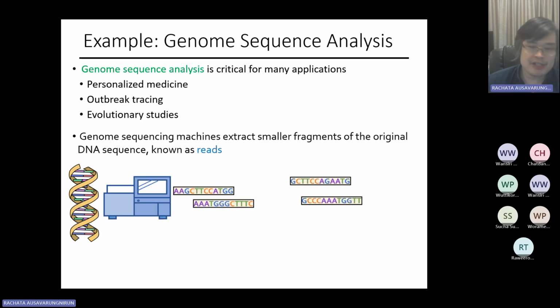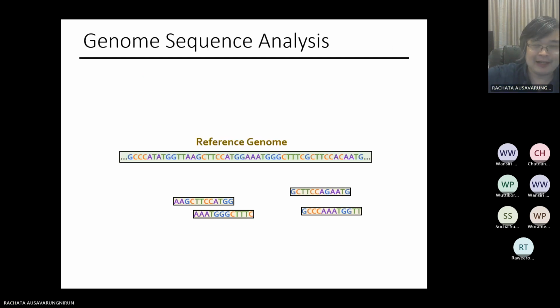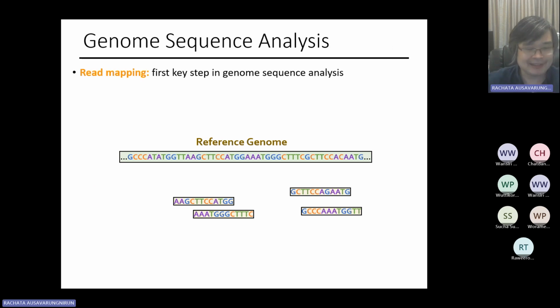So when you go through the machine, when you try to do DNA sequencing, you just get a fraction of your genome. Your job in the next step is, now I have a bunch of fractions, I can then map them back. We call this read mapping. Read mapping means that I have a reference genome.